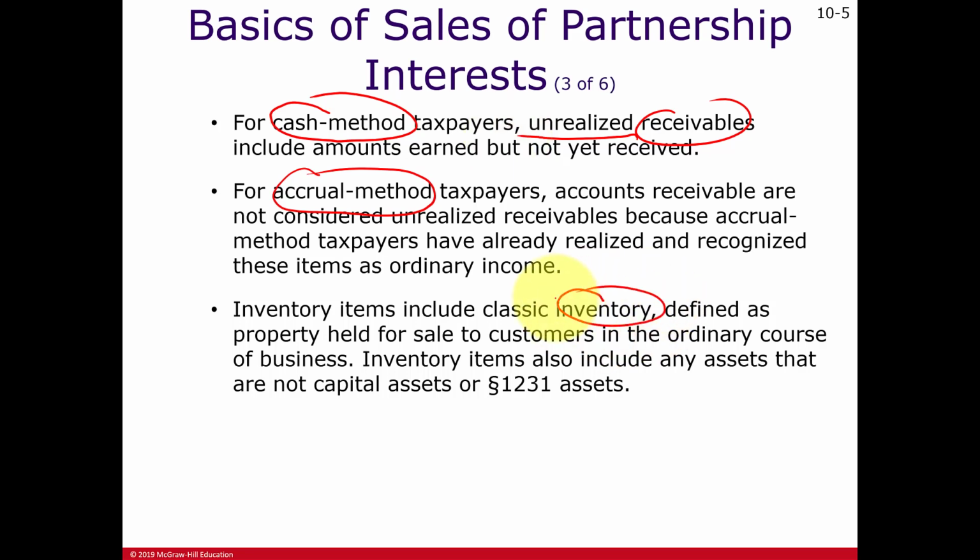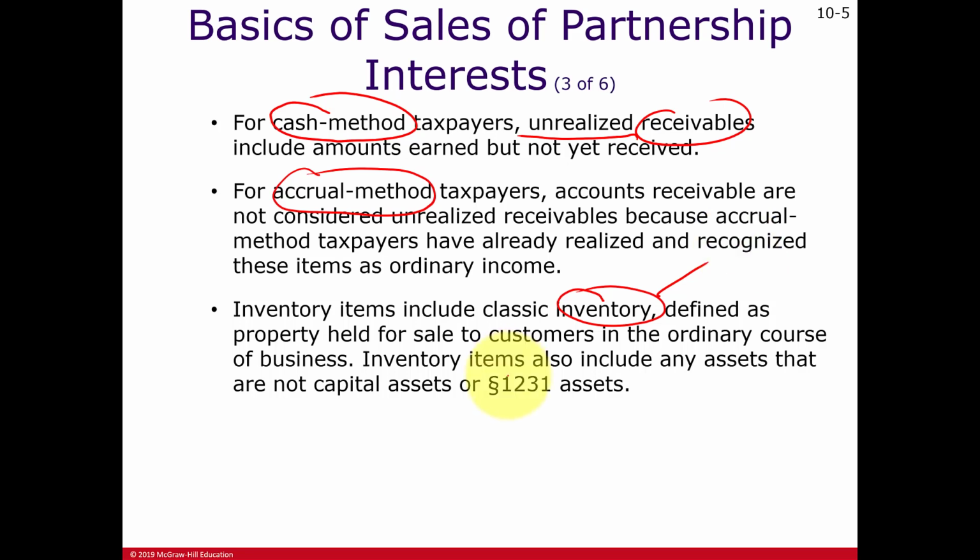Inventory may also be treated as ordinary income if it's substantially appreciated in value. When you sell inventory, of course, hopefully at a profit, the gross profit is taxed at ordinary rates. So if the partnership has inventory, substantially appreciated inventory, maybe any distribution, maybe any proceeds a partner receives upon liquidation of the interest has to be treated as ordinary income.